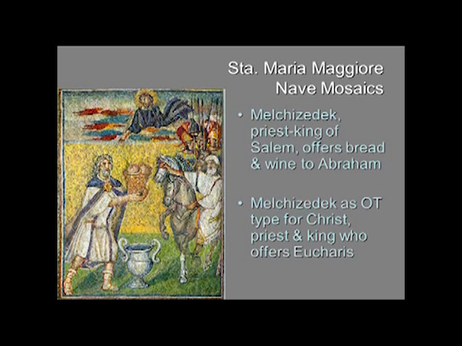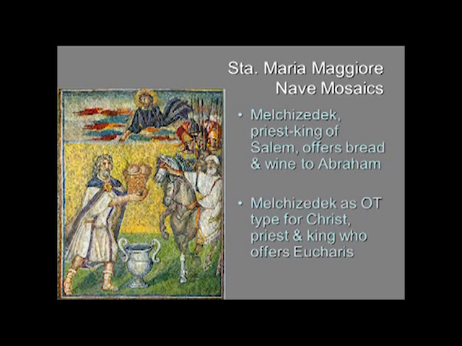And here is a story that's going to be very, very important in Christian art. This is the story of Abraham and Melchizedek. Melchizedek is kind of a one-liner. He's just in a small portion of the Bible. He's mentioned in Genesis 14:18 and referred to again in Psalms 110, verse 4.